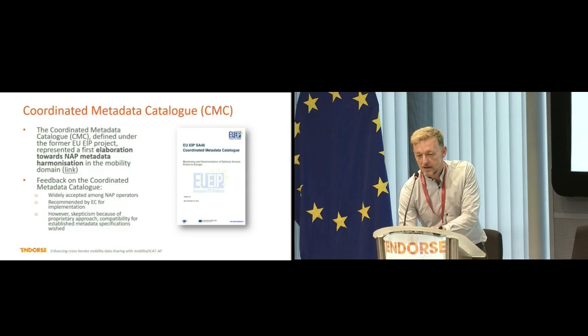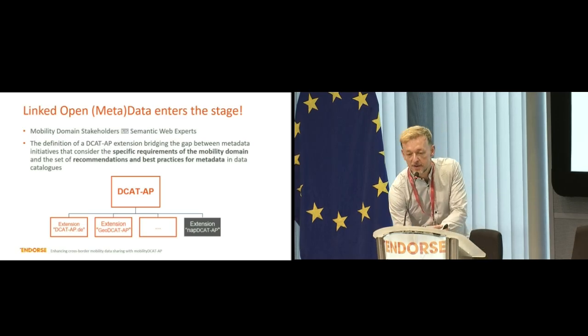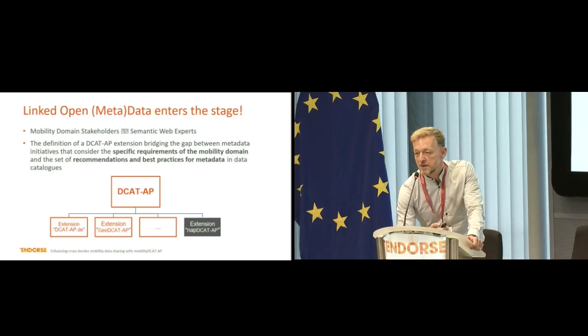So we advanced and we embraced DCAT-AP, which has been explained to you here many times, and as you might know, there are many extensions being built for specific domains, because we were told we have to go into semantic technologies, into interoperability with open data.